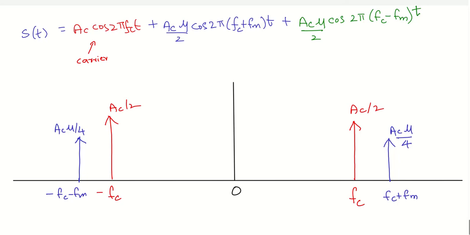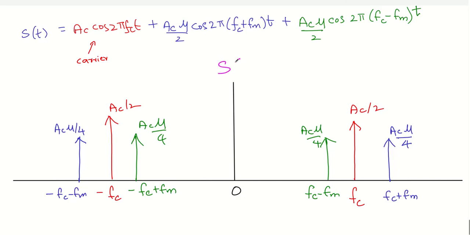And the last thing, Ac mu by 2 into cos 2 pi fc minus fm into t. Its frequency component will be at fc minus fm with amplitude Ac mu by 4, and at minus fc plus fm with height Ac mu by 4. So this was the spectrum S of f.